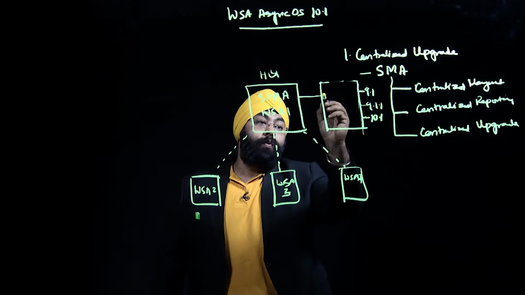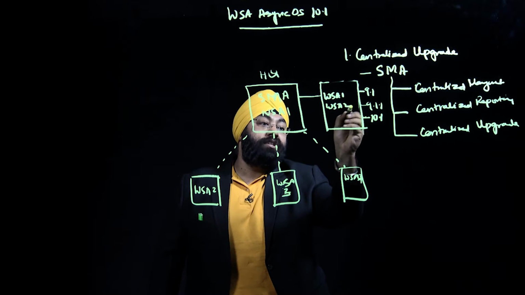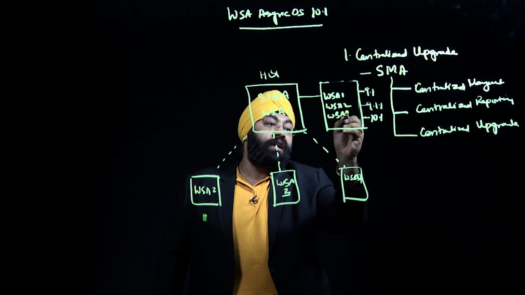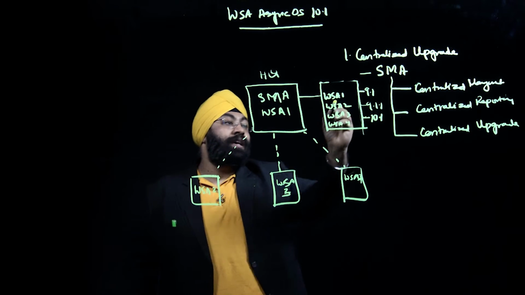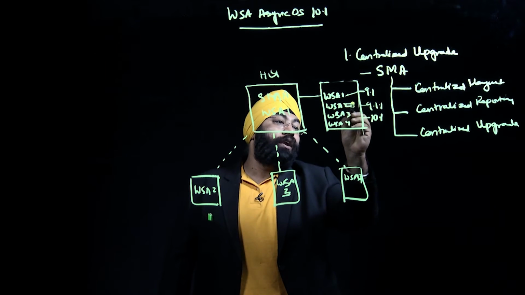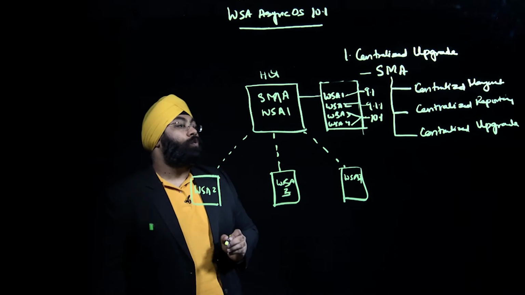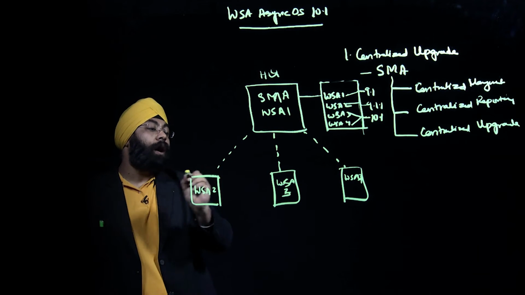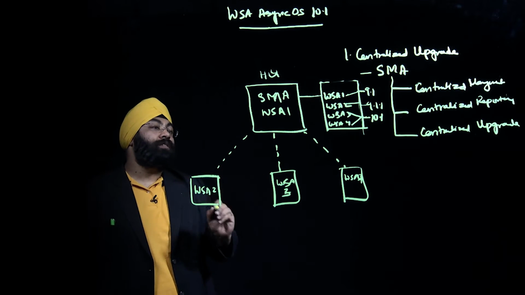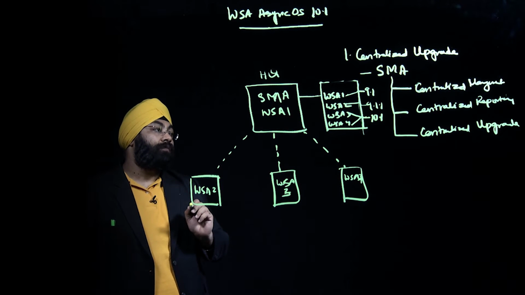Now what I can do is have my WSA 1, WSA 2, WSA 3, and WSA 4, all these WSAs. I can map them to individual releases, or I can even club them to a specific release. So from an SMA, I can now upgrade all my WSA appliances and initiate that request from the SMA itself.